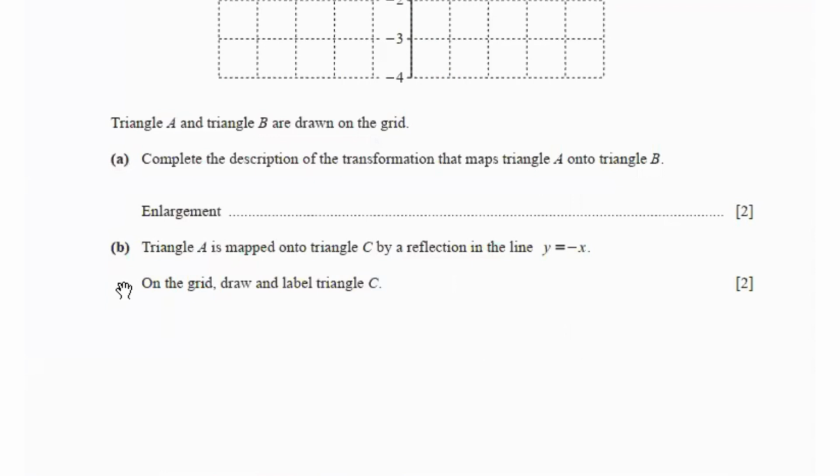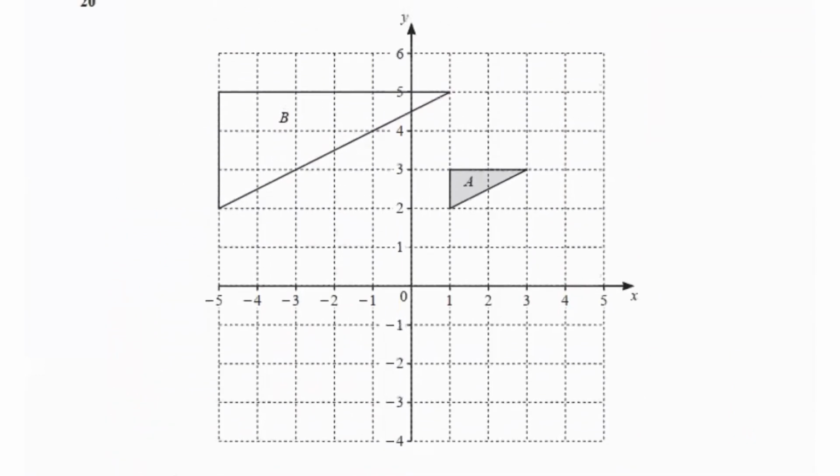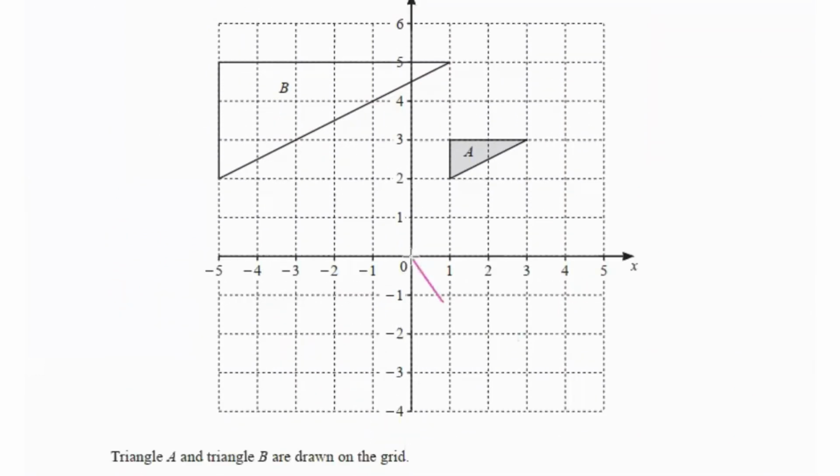It says triangle A is mapped onto triangle C by reflection in the line y equals negative x. Draw on the grid and label triangle C. So that line is going to be, yeah, this is your y equals negative x line.